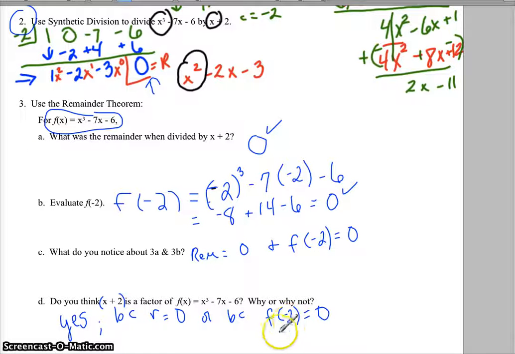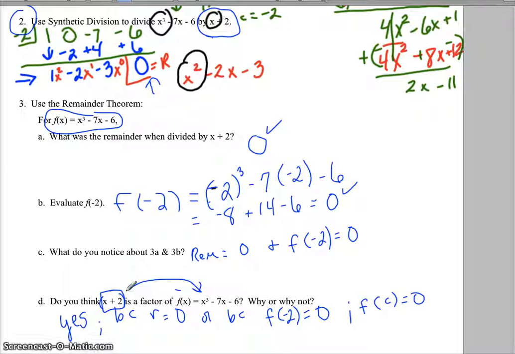Now remember, negative 2 represented c up here in the x plus 2. Remember, that was x minus c. So we could say that when the remainder is 0, or when f of c equals 0, then this binomial is a factor of the polynomial.